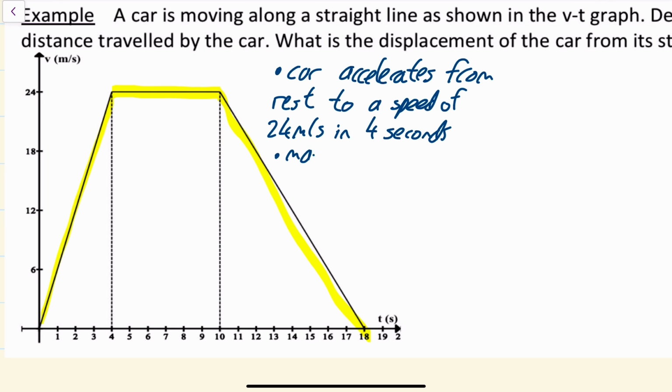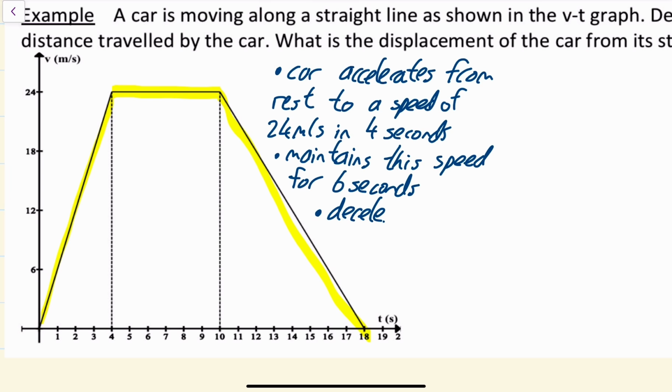We'll say maintains a speed for 6 seconds, so it goes from 4 seconds up to 10, and then what it does, it decelerates. I'll just mean slows down, and decelerates to rest again, and then in 8 seconds. Okay, decelerates to rest in 8 seconds.